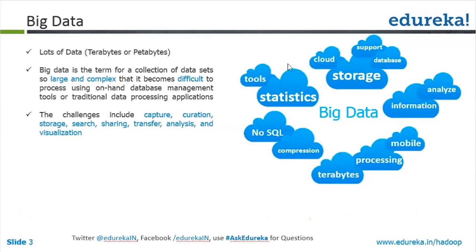Since you cannot store that volume of data on one machine, you have to involve a set of machines for storage, and you also need a set of machines, or distributed computing, to process that data and get the result set. Google faced this problem and came up with the Google File System and the MapReduce concept, and that's where the whole journey of big data started.